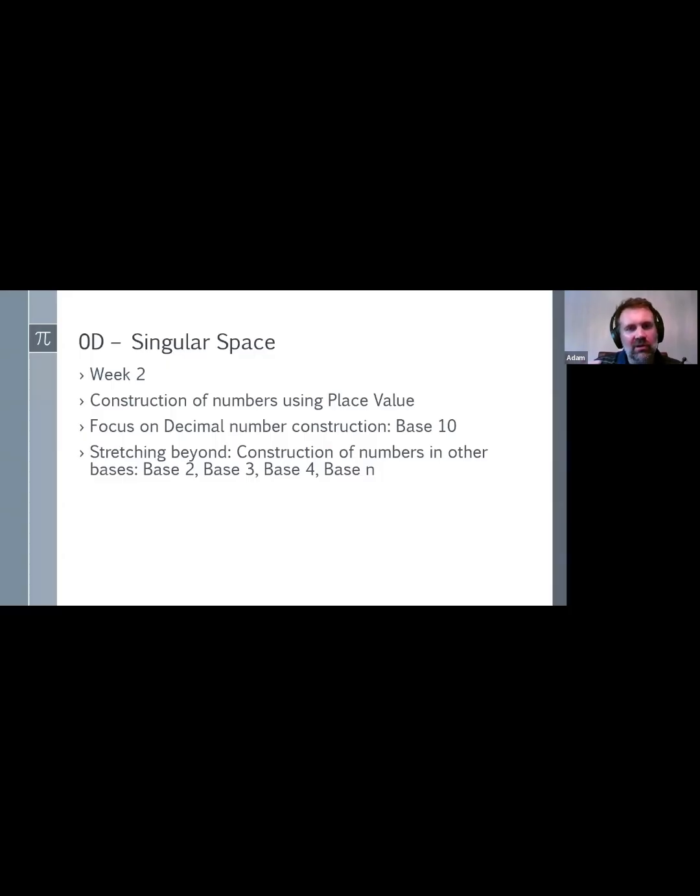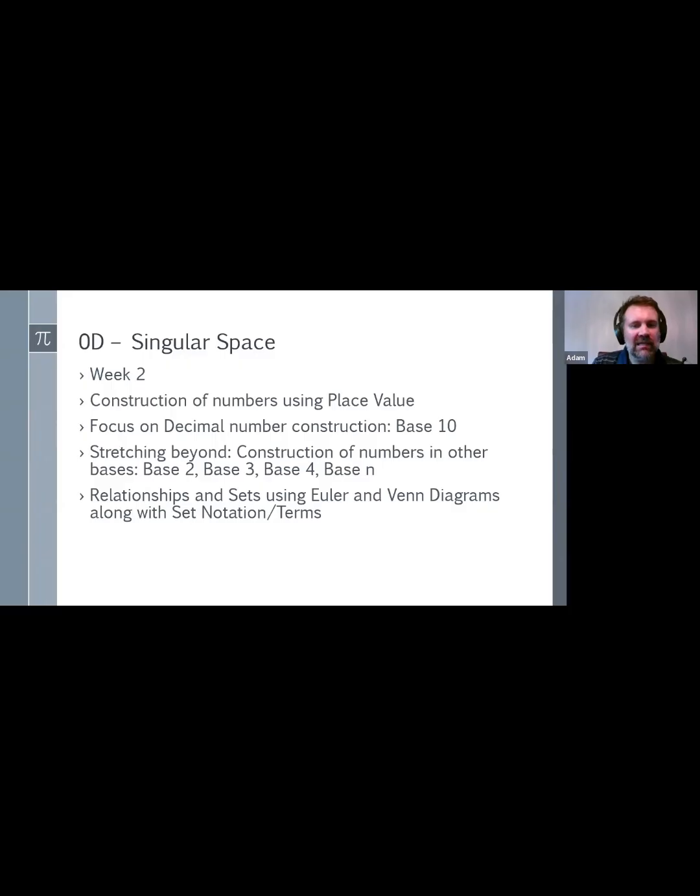If we start to master these other bases, we really solidify our understanding of our normal base 10. So I call it stretching beyond to get into these other bases. But the focus should be on the decimal numbers, helping the child understand base 10.